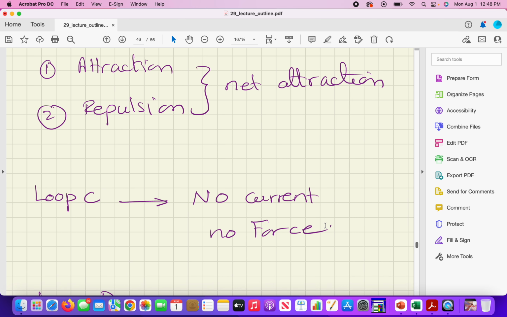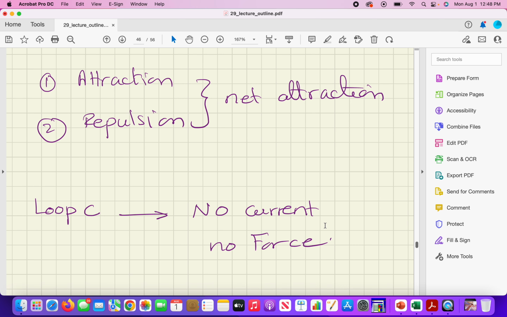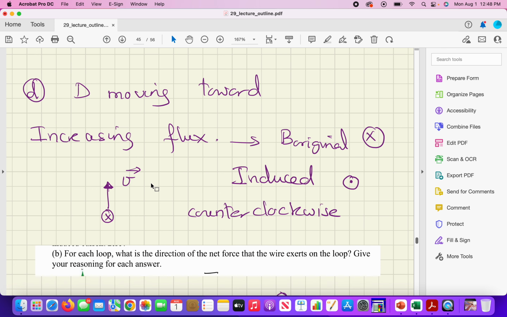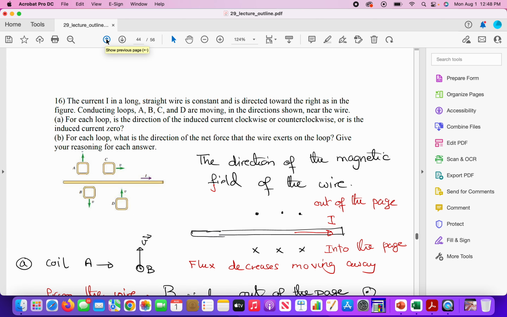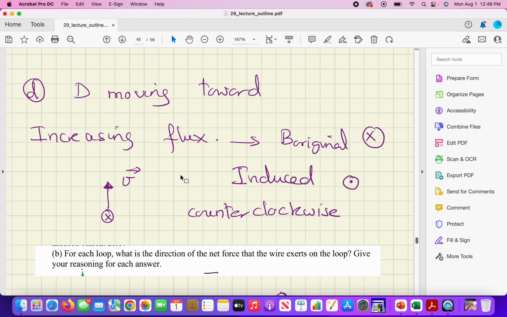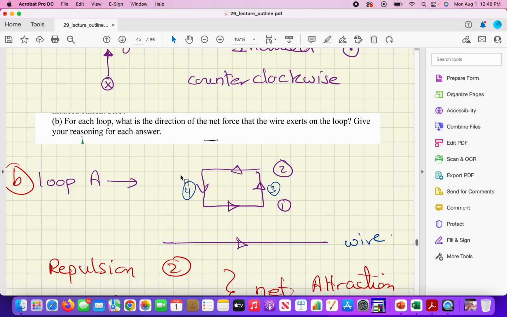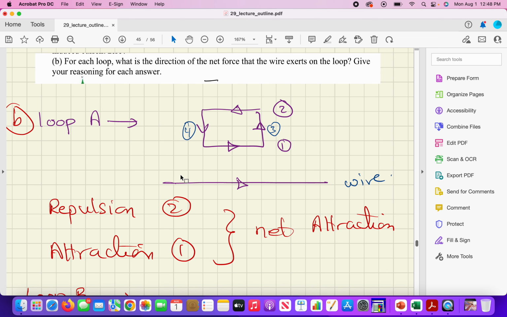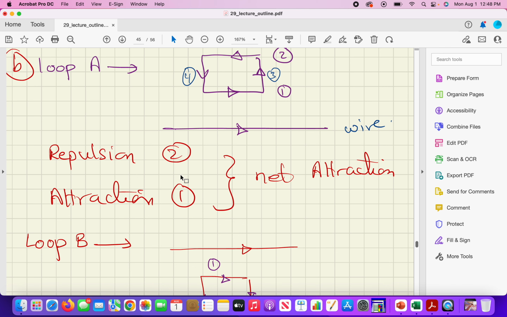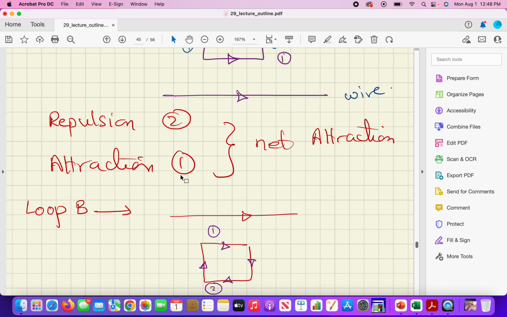For loop 2, or loop B, it is again a decrease in flux, therefore it should be net attraction.